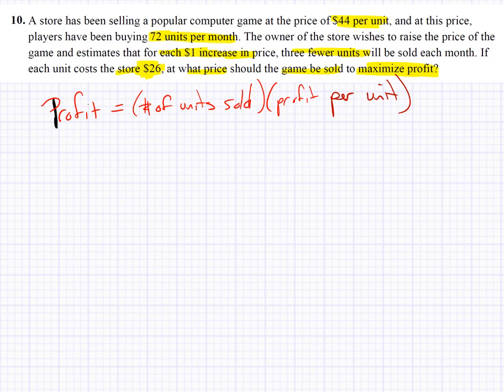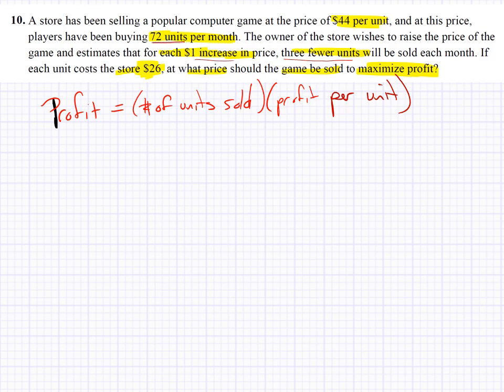All right, so let's look at the number of units sold first. We know that we did 72 units per month, right? But remember, that's going to decrease, because he knows he's going to have 3 fewer units every dollar he increases.